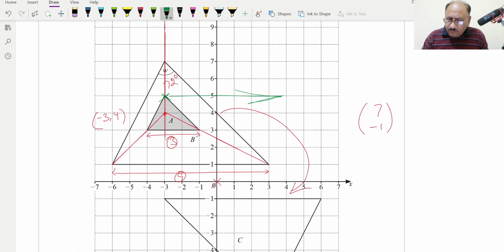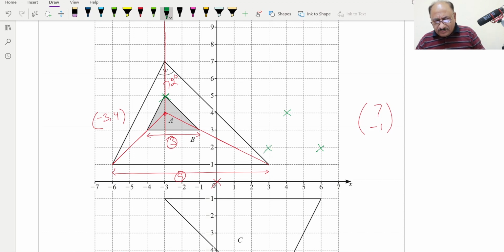So 1, 2, 3, 4, 5, 6, 7, it will be this one, and 1 unit down will be this side. So we will reach finally over here. So this point is translated over here, and now we will get the other points also translated by the same term, so it will be over here, and next point will be over here.